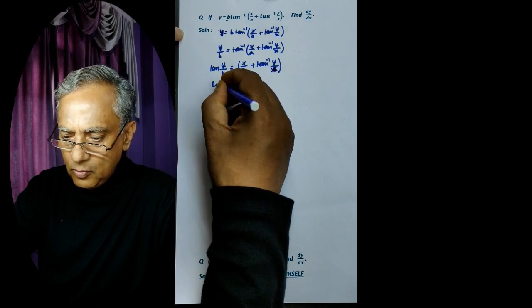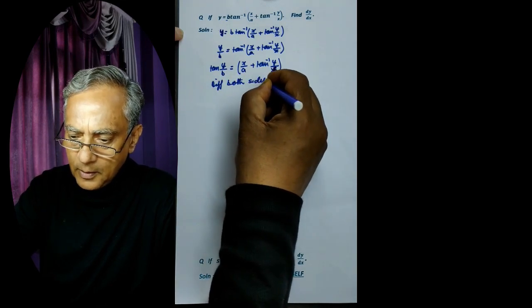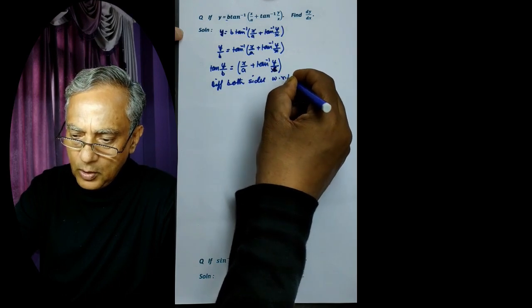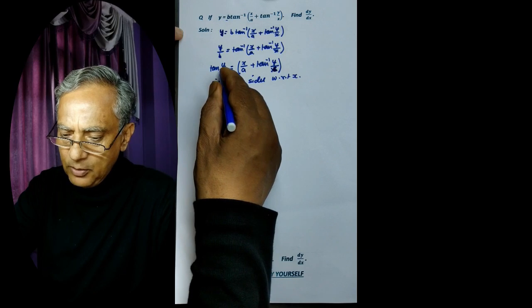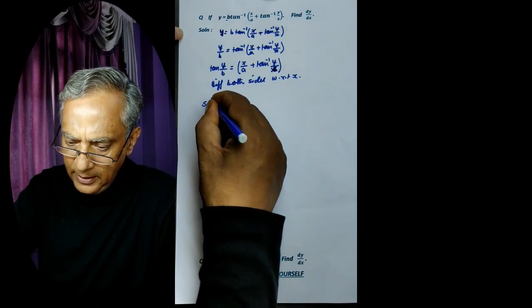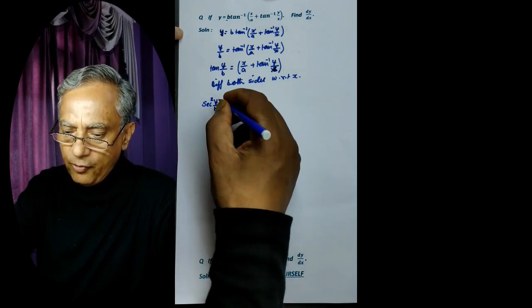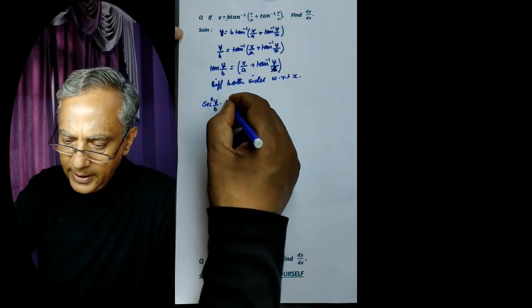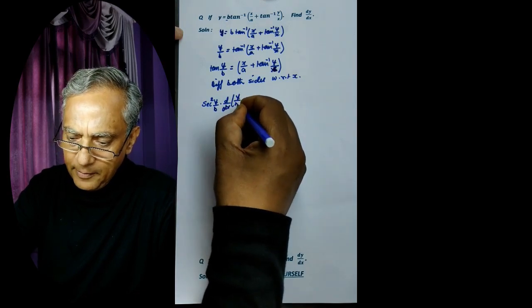Differentiate both sides with respect to x. What we get is differential of tangent y by b will be secant square y by b into differential of the inner function, that is d by dx of y by b.